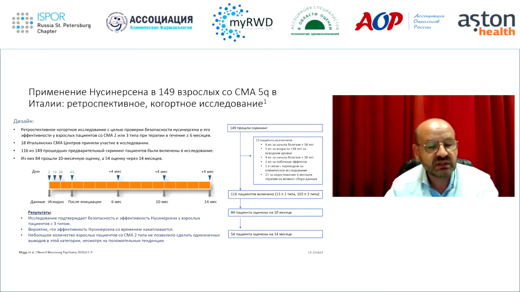Our RWD showed that nusinersen works not only in children, not only when it's SMA type 1 or 2, but also it works well in case of SMA type 3.